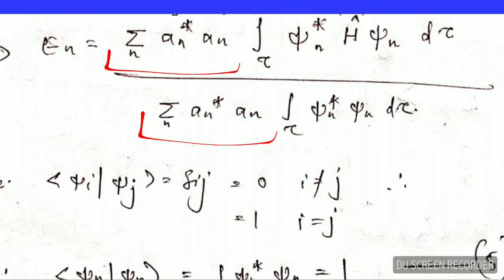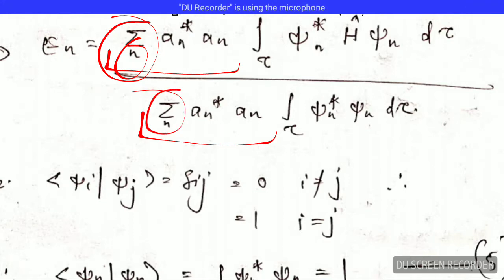In our previous equation, the summation came two times, but it is running over only one index, that is n. So that's why the two summations are written only one time. Similarly here, we have written the summation only once because it is running over the same index n.